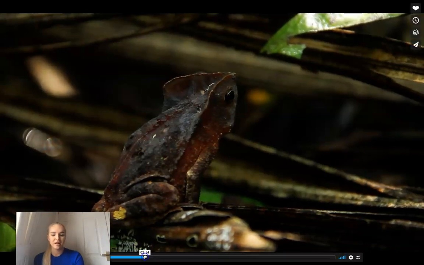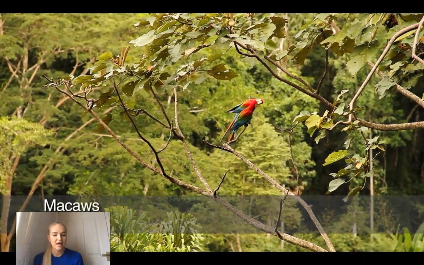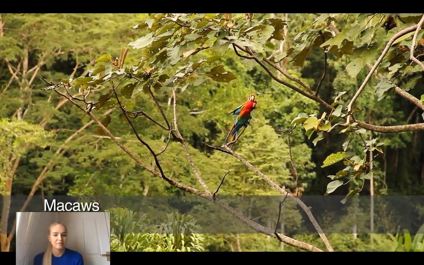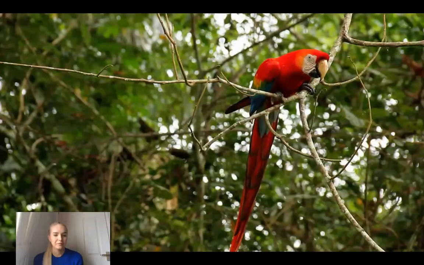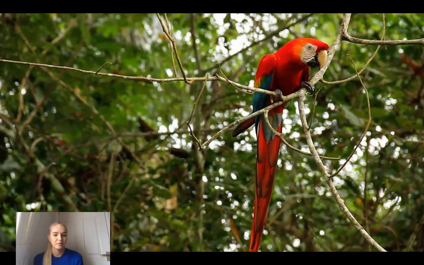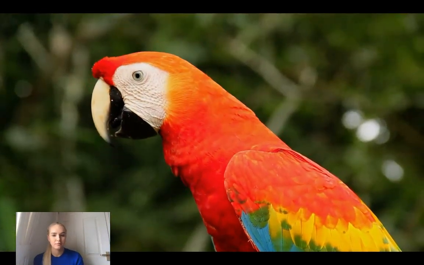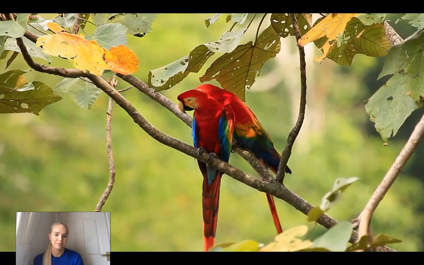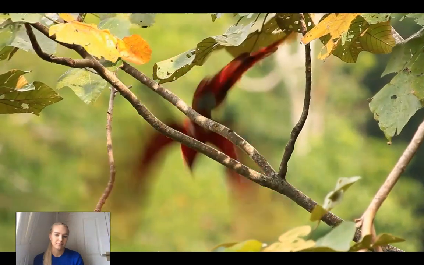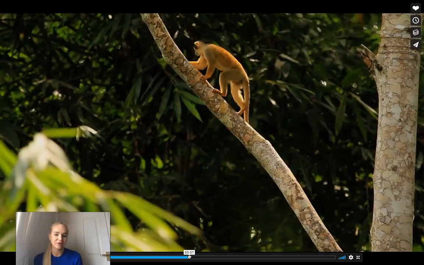Just going to move it on slightly. You see the macaws there. See how fast they travel.